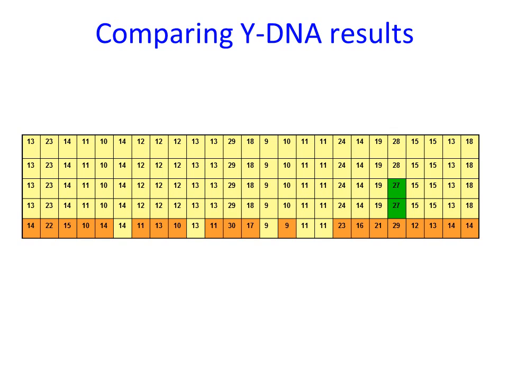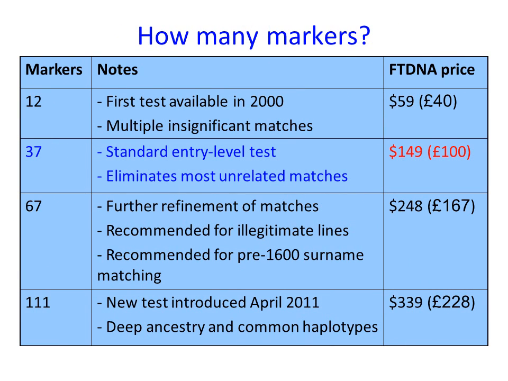The 5th person in this set of results, you can see that on virtually every marker the results were different. So in that particular case, even though it was the same surname and from the same part of Devon, we can say that he does not share a common ancestor with the other 4 men in the project on that male line.